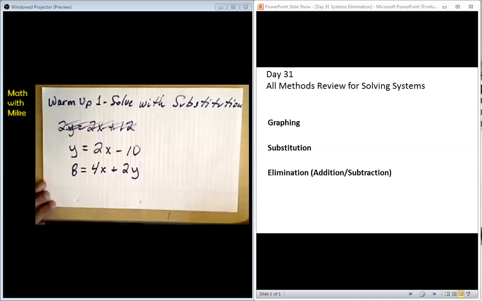So the goal is with substitution, try and figure out the solution to that system there.